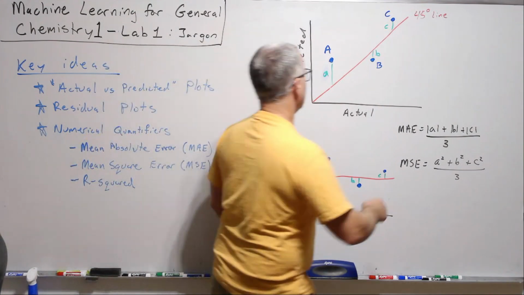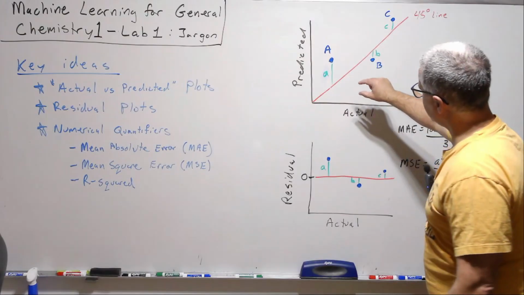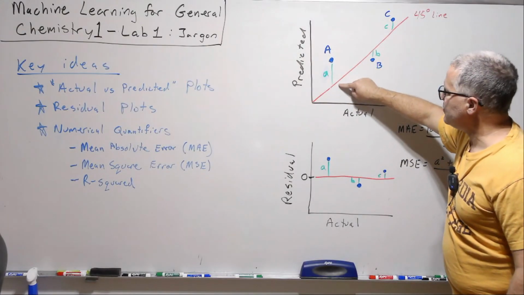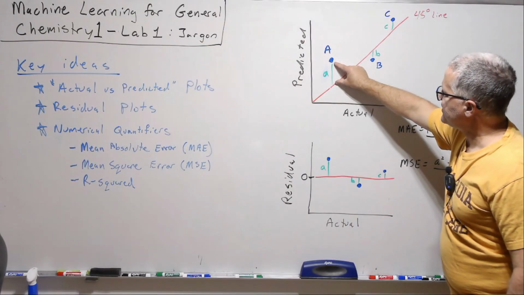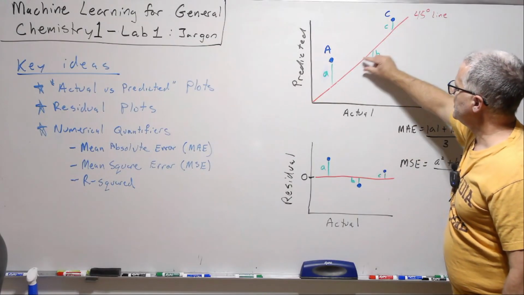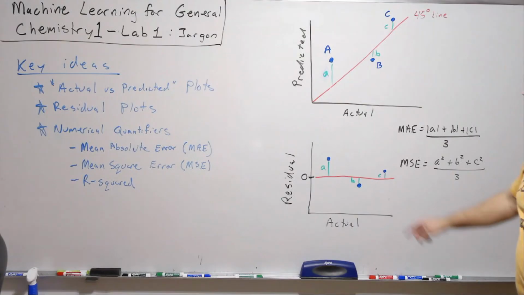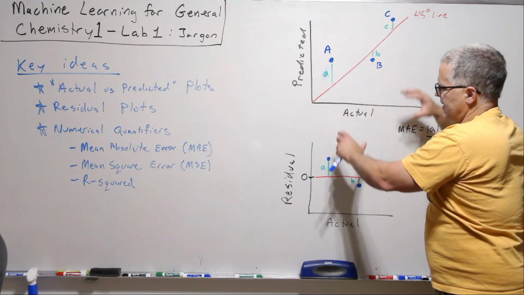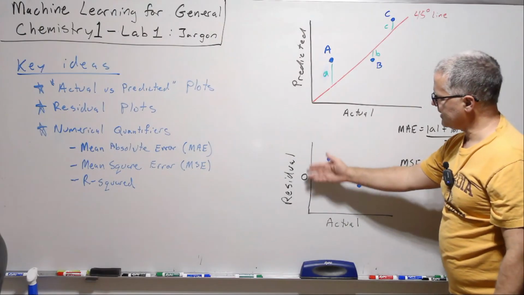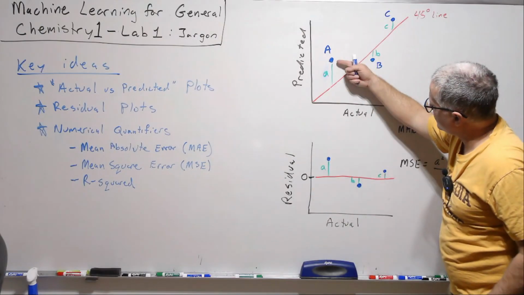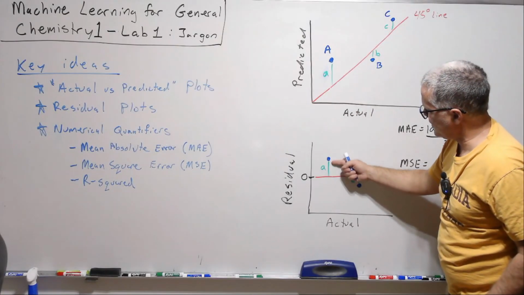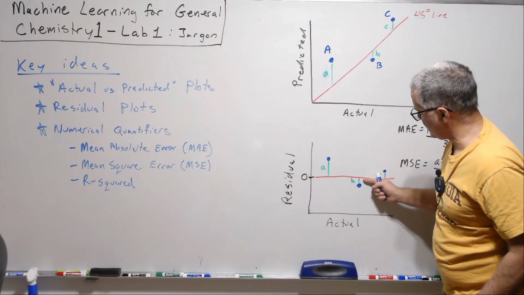So what one does then is look at the difference between the predicted value and the value that it should be, or the actual value, and that's indicated by these green lines here in lowercase letters, a, b, c. Then one creates a new plot called a residual plot that just plots the differences. So a is different from the line by this, b is by this, and so on.